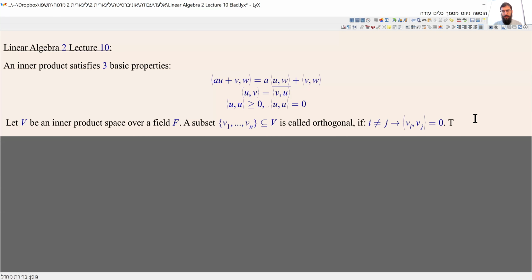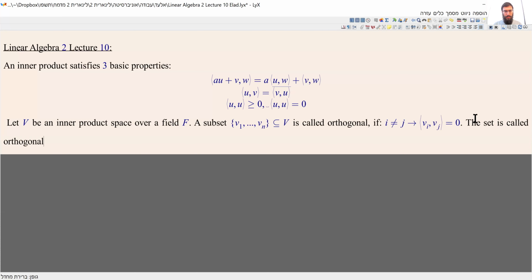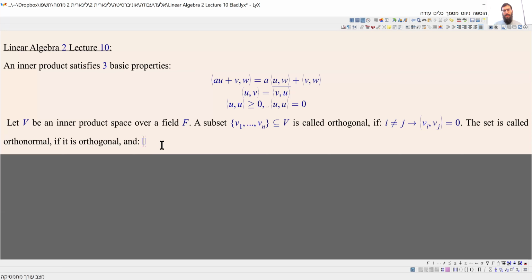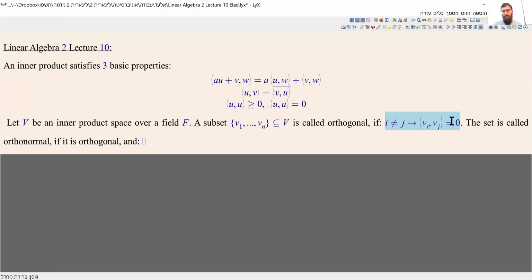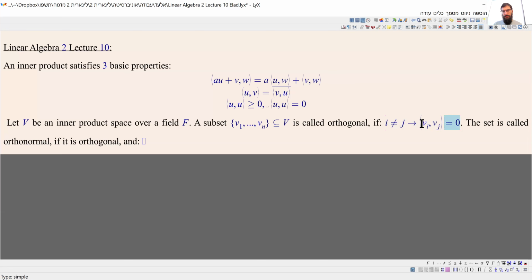The set is called orthonormal if it is orthogonal and the product of a vector with itself is 1.